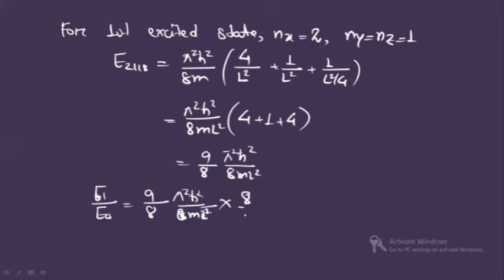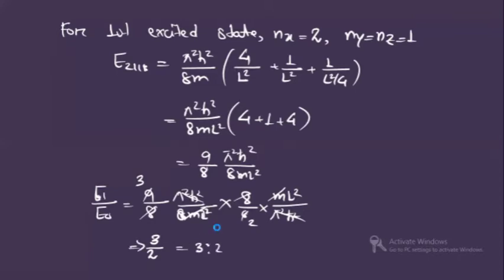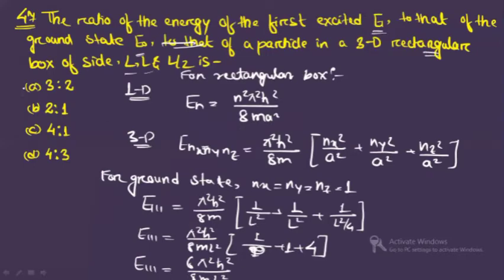We will have 8 by 6 into this term will also get reversed, we will have m L square by pi square h cut square. So these terms will get cancelled, 8 will get cancelled with 8. This will be 3 3s are, this is 3 2s are. So the ratio for the first excited state and the ground state is 3:2. Clear? So the option is option A.